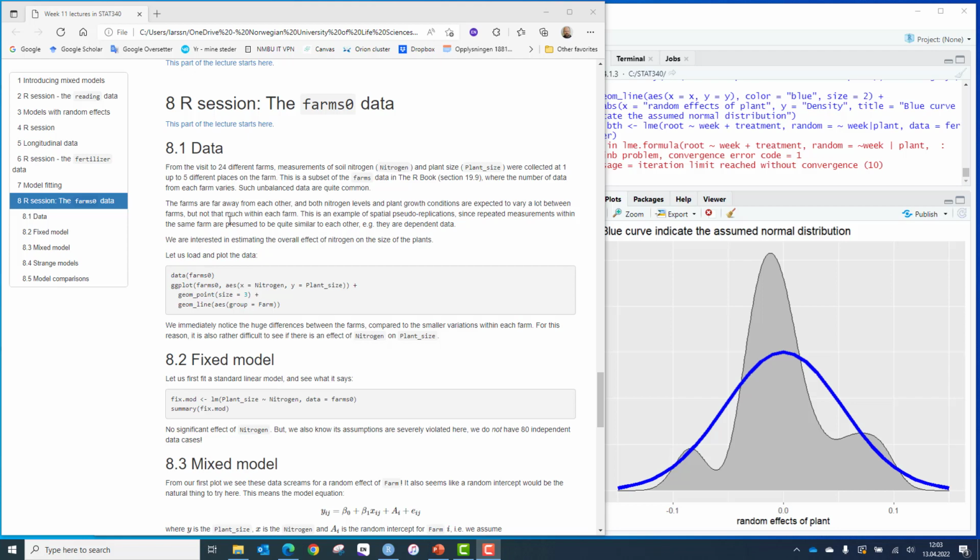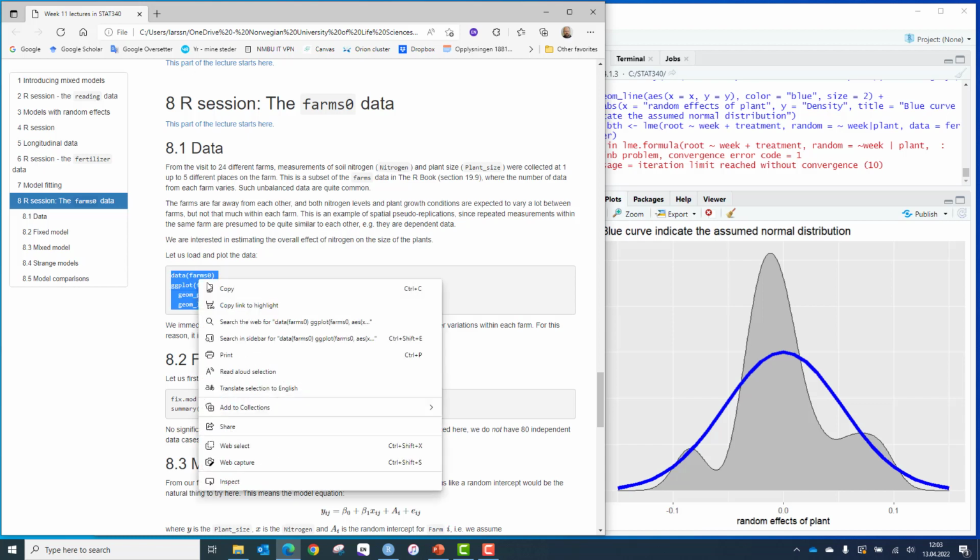You can read a little bit about it here. I will not go through that. It's basically measurements of soil nitrogen and plant size from different farms, right? So we are actually interested in if plant size is affected by nitrogen, and then several measurements are made on the same farm, and there are many farms, 24 farms.